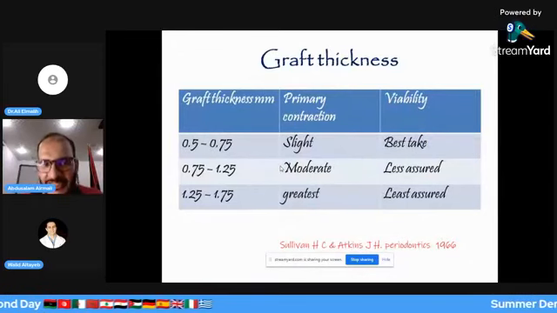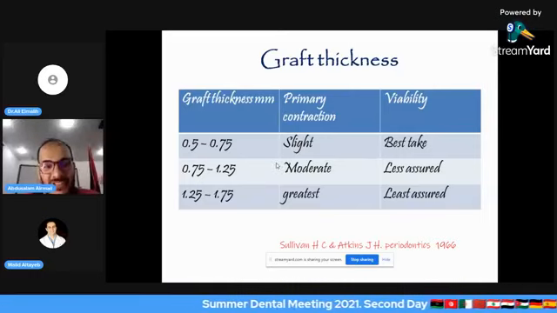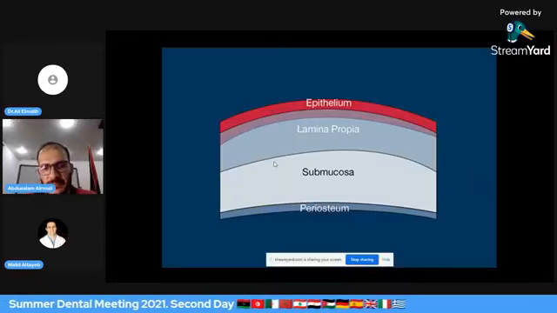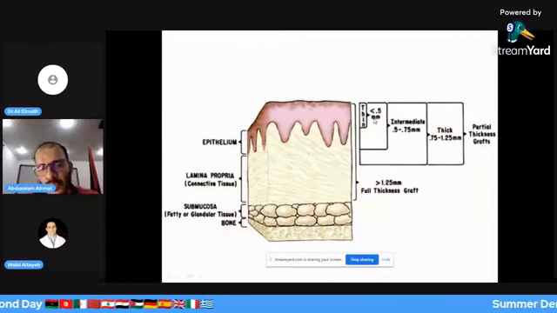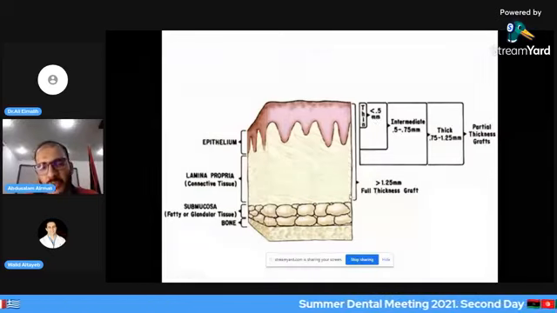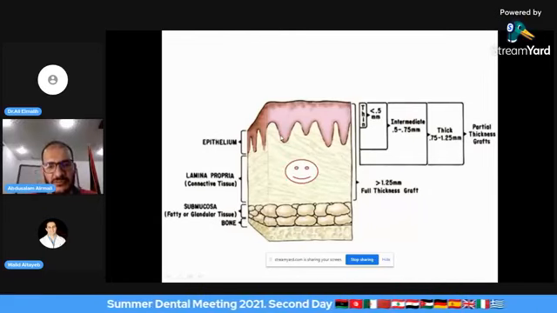The thinner the graft, the better the viability and healing. When the graft is thick, the chance of failure is high. You can harvest from 0.5 to 1.25 if you want to take all the connective tissue with the epithelium in case of root coverage.